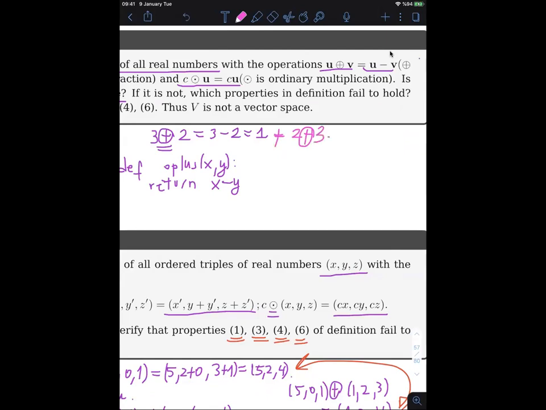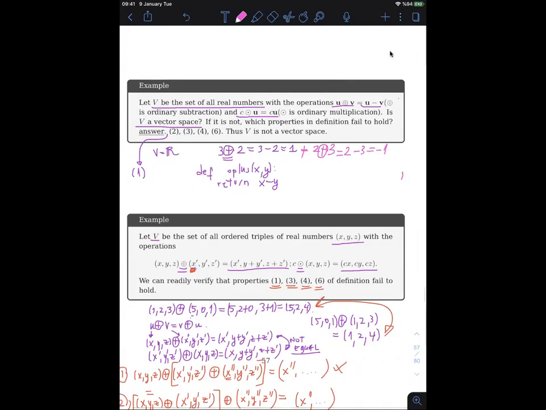So what is this? This is 2 minus 3, which is minus 1. You see the issue here. If you define the vector addition as subtraction, then it just doesn't work. You cannot change the order of the terms.